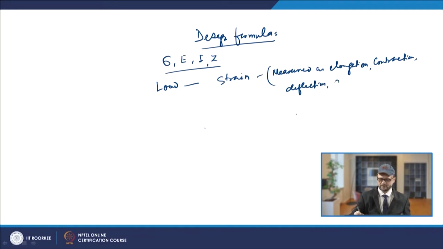So there are different ways in which strain is measured, and every member will be designed according to the type of load and the allowable strain in that particular material.